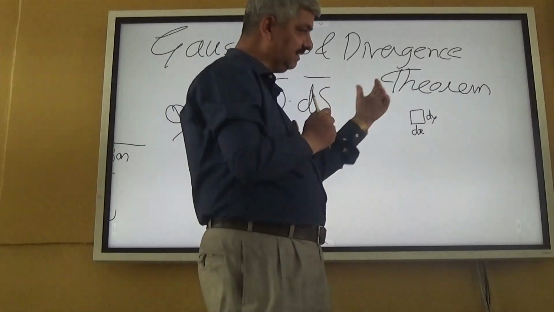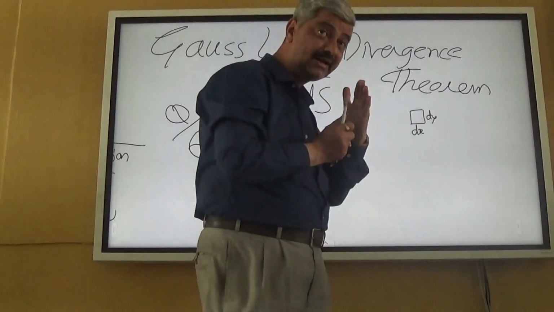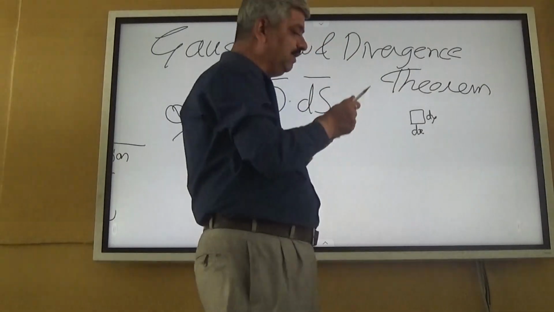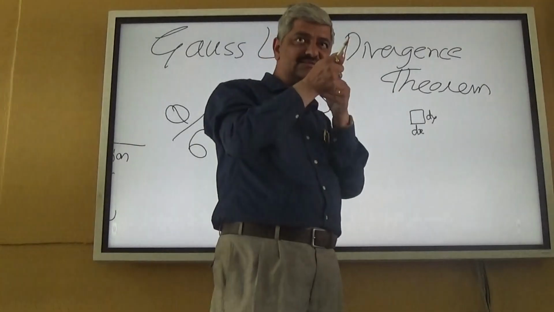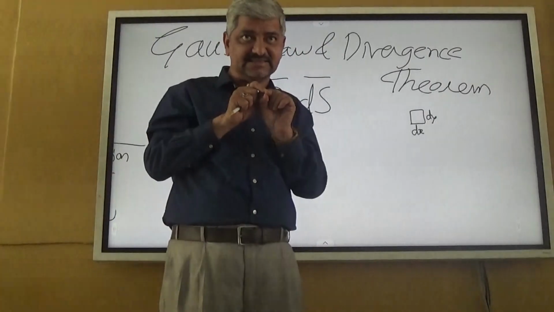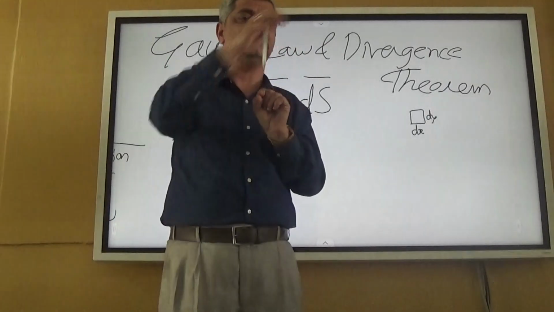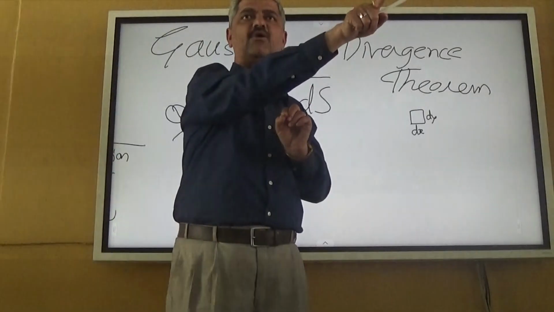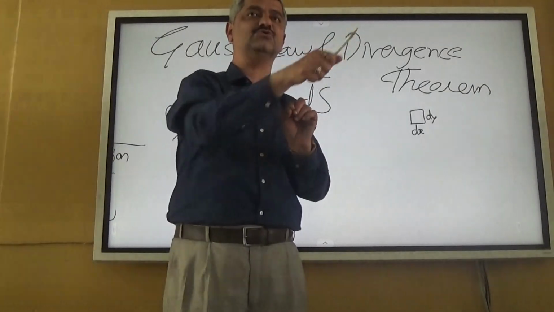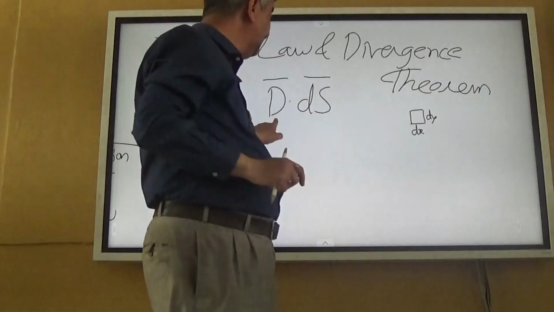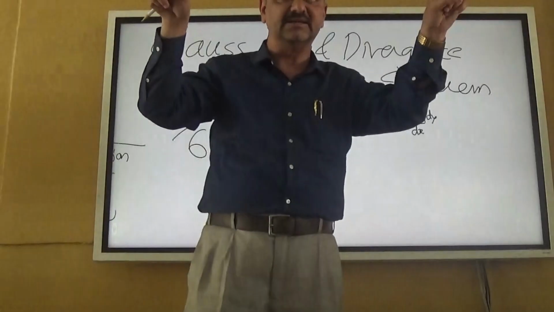However, the electric flux density D will be having some direction like this, because at the center q is there. From the center, if you consider front face, at one particular point it will be like this. So that is the direction. Therefore D at every point will be different.